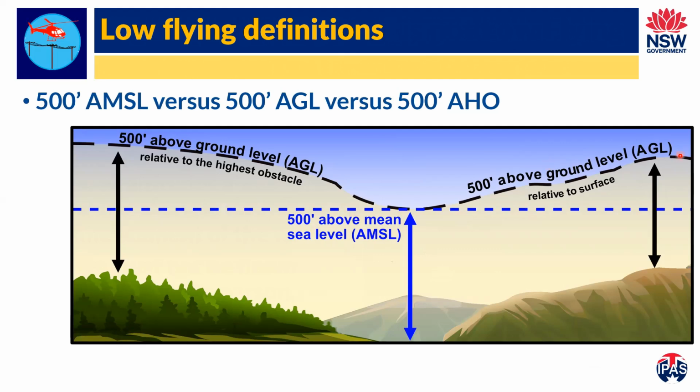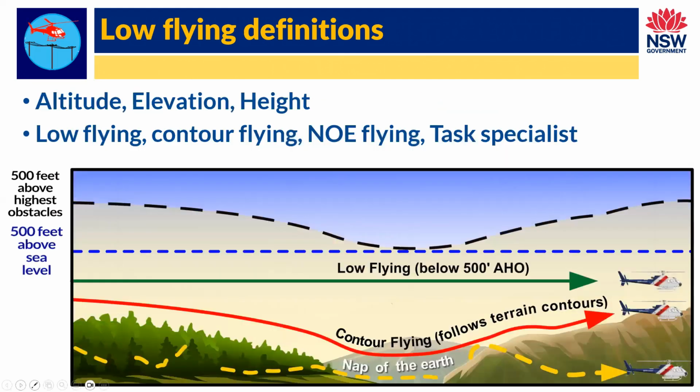Here on the right-hand side, we have 500 feet above ground level, the dashed black line. Now over here, sorry, that should actually say AHO, 500 feet above the highest obstacle, and the highest obstacle is going to be the height of the trees. So ground level and highest obstacle are actually different. I'll have to update that picture. That's incorrect.